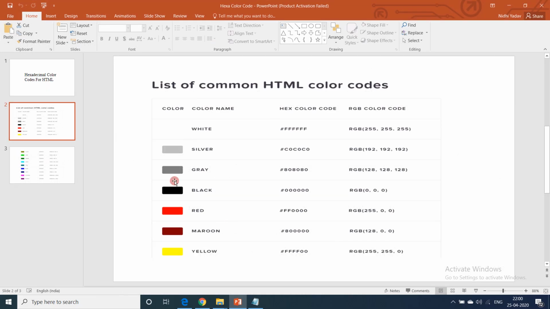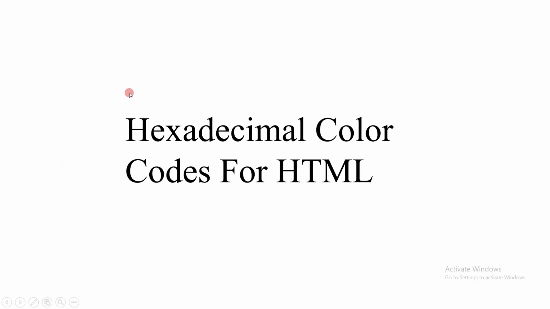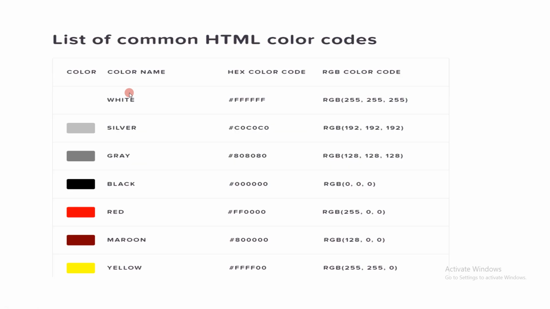See, hexadecimal color codes for HTML. Every color has its hexadecimal color code. For example, for red, the hexadecimal color code is FF0000. FF is for red. These two values are for red, these two values are for green, and these two values are for blue, RGB: red, green, blue.